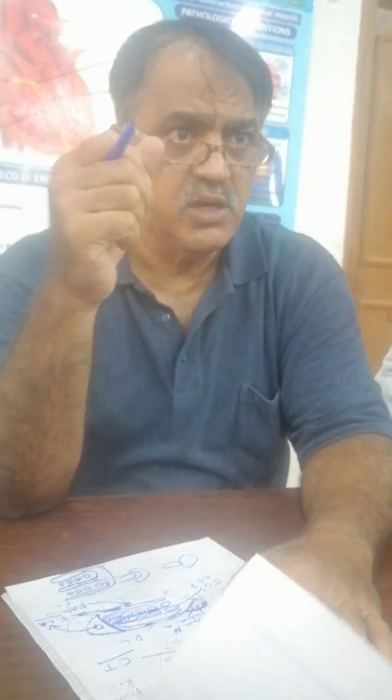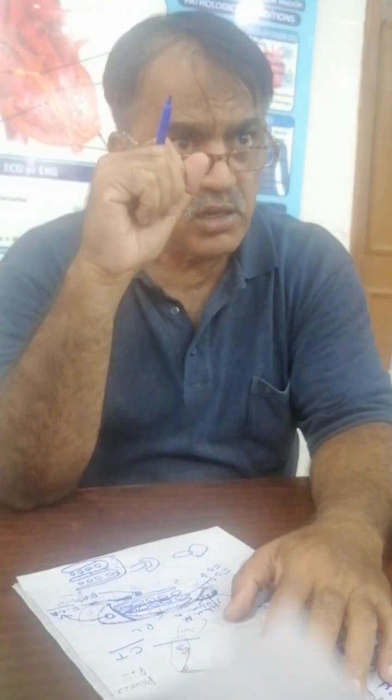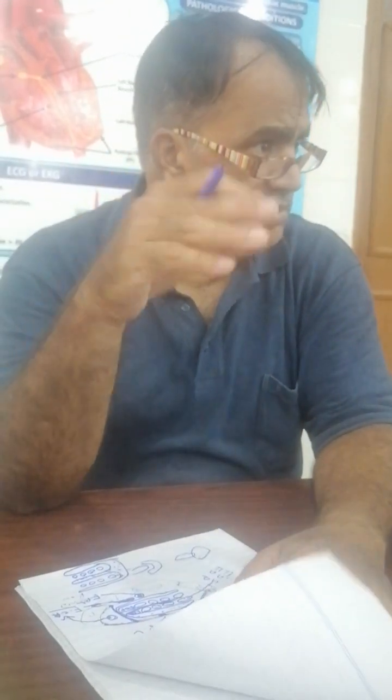Most pronounced effect will be on the median nerve, and the median nerve of the dominant hand, whether you are left or right, because you are continuously using that hand. I am right handed and I am continuously using this. So it moves frequently and there is damage to the median nerve.